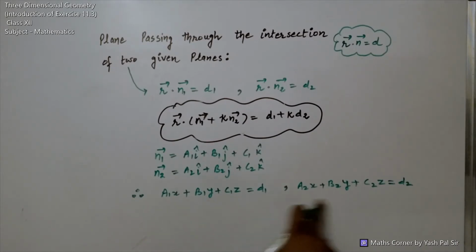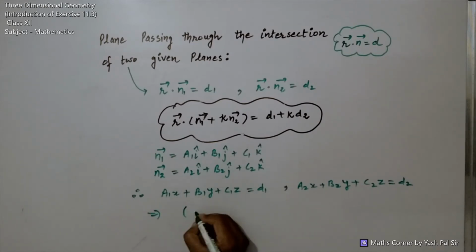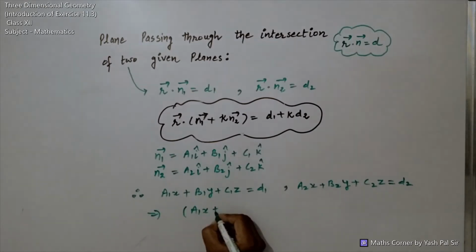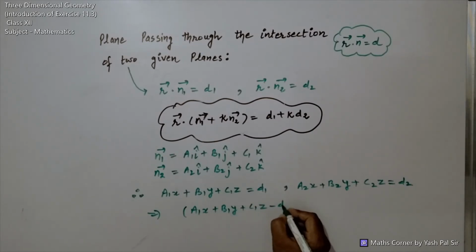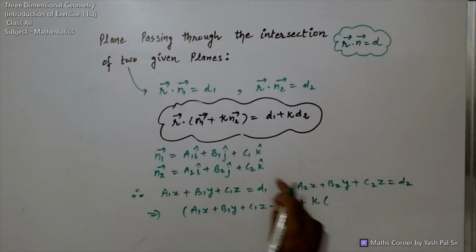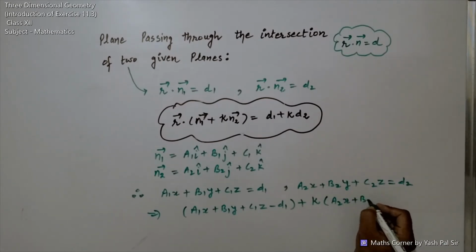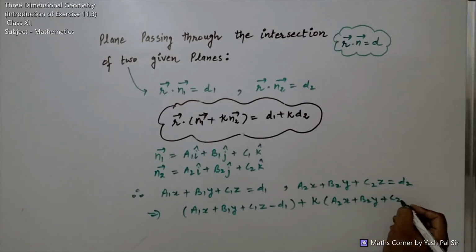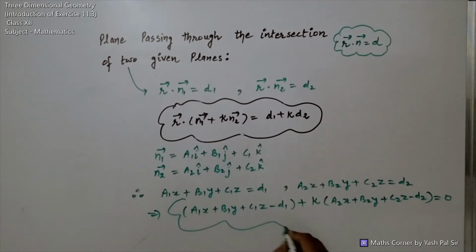Now how do we find the equation of the third plane which passes through this first plane and second plane? That will be the whole first equation, written as a1x plus b1y plus c1z minus d1, plus some constant k into the whole second equation, a2x plus b2y plus c2z minus d2, is equal to 0.